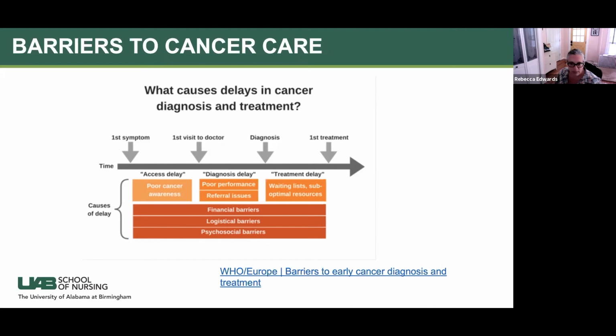They may have a poor awareness. They may have financial barriers, logistical barriers, psychosocial barriers. And if they have a poor performance status and it's hard for them to get around, that's also potentially problematic. There may be waiting lists, there may be suboptimal resources. And all of these things can cause access delays, diagnosis delays, and treatment delays.